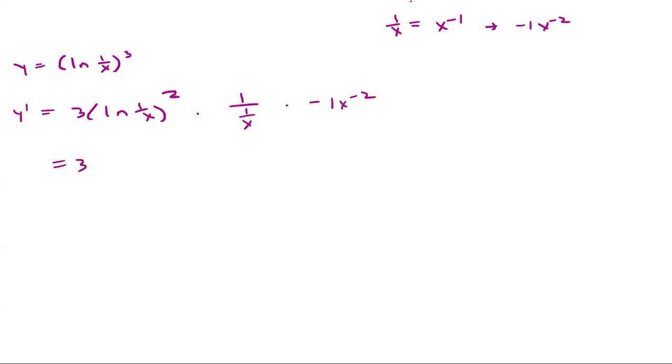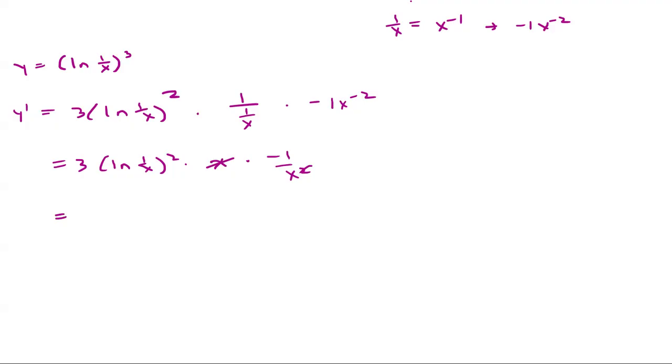So let's simplify this a little bit. We're going to have 3 times ln of 1 over x, squared. And then I can flip this, right? 1 over 1 over x can just be x, correct? And then this part here, I can rewrite as negative 1 over x squared. Okay? Now notice that I can cancel one of the x's here, so this x can cancel with this x here, and we'll have one x left over.